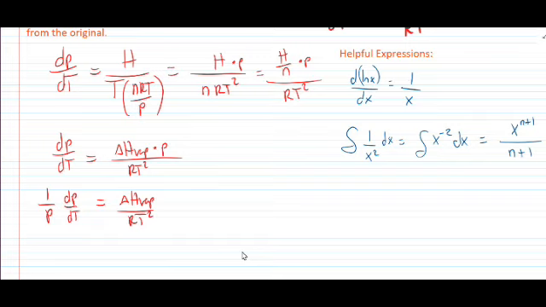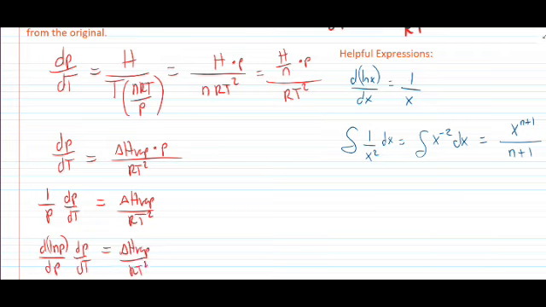Now I want to use one of my useful expressions that I've put over here: d ln x over dx equals 1 over x. So I can take 1 over P and replace it with d ln P over dP, because these two terms are equal to one another, times dP/dT, and I can set that equal to delta H of vaporization over RT squared.